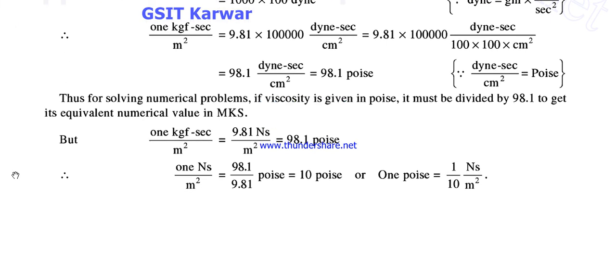Simplifying, 1 Newton second per meter square is equal to 10 poise. In other words, 1 poise is equal to 1 by 10 Newton second per meter square.